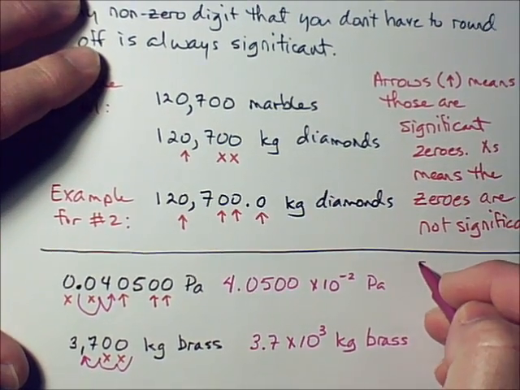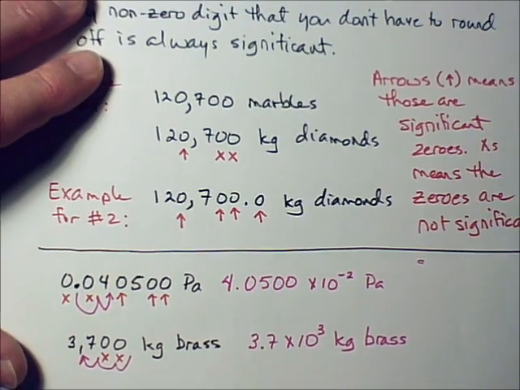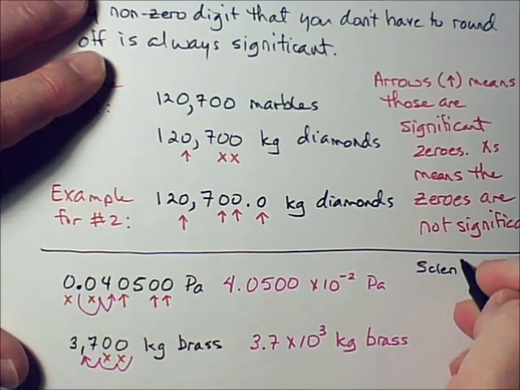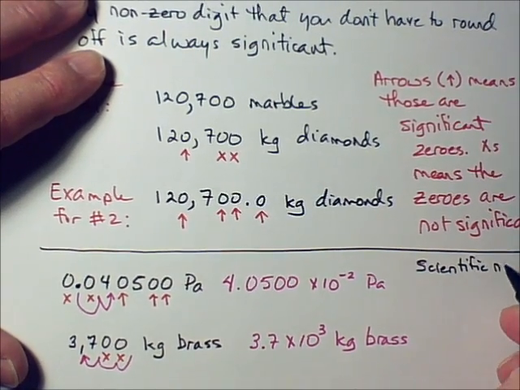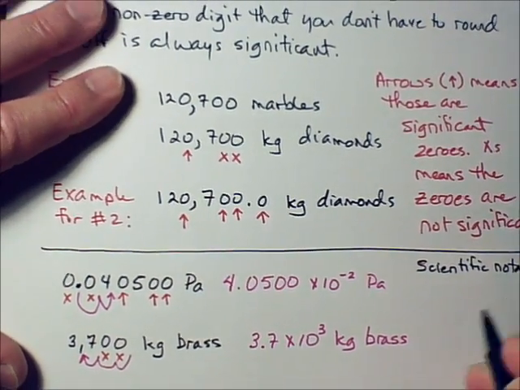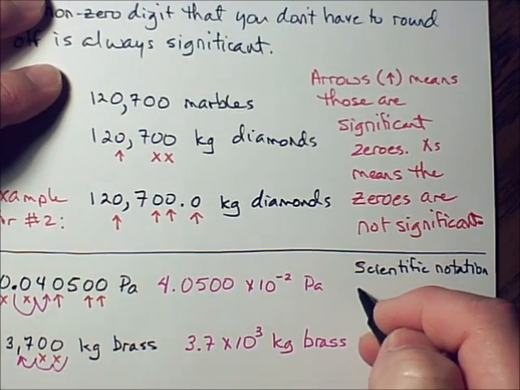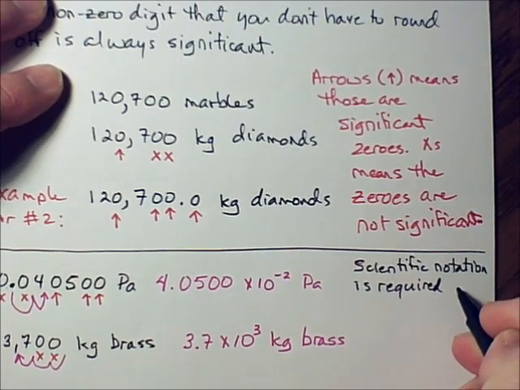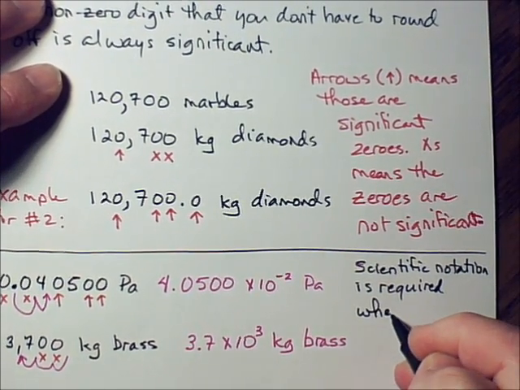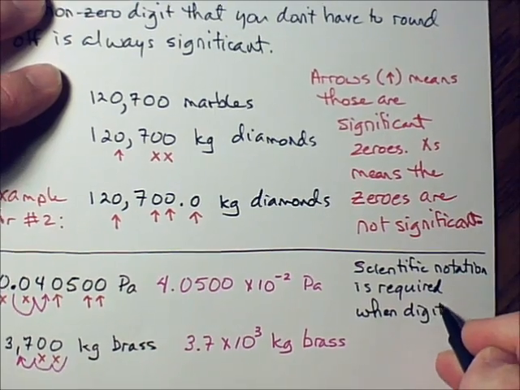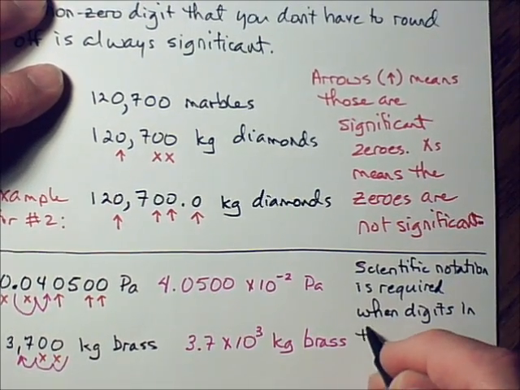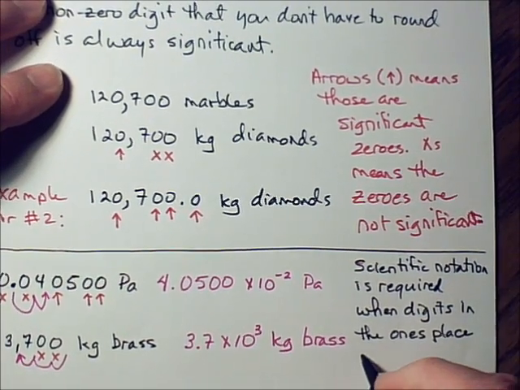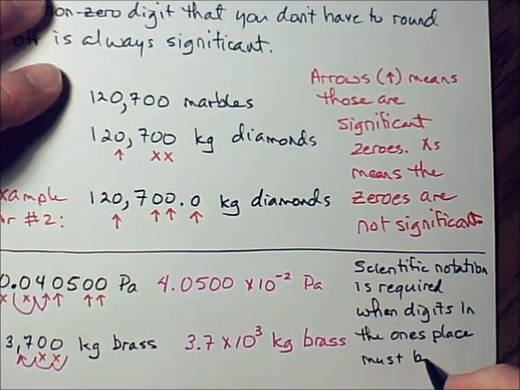Scientific notation is required when digits in the ones place must be rounded off.